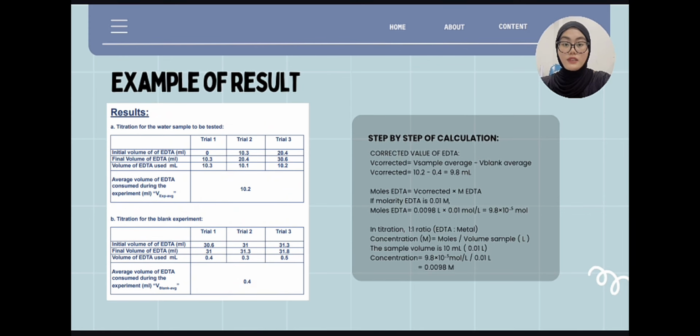So the concentration that we get is 9.8 times 10 to the power of minus 5 mole, divided by 0.01 liter, and the final answer is 0.0098 M. So what I can conclude here, based on the complexometric titration results and calculations, is that the concentration of metal ions in the sample was determined to be 0.0098 M.